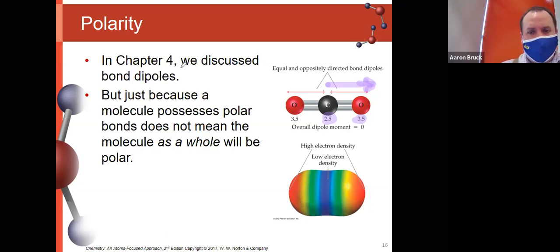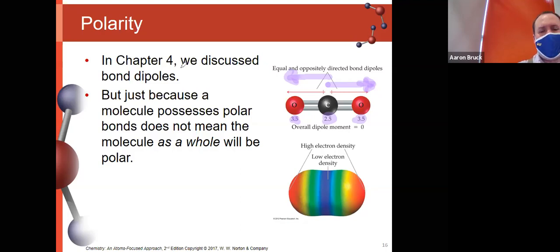And in a similar fashion, the other oxygen on the other side has a similar dynamic. So if I looked at those bonds individually, I would say that those bonds are polar.